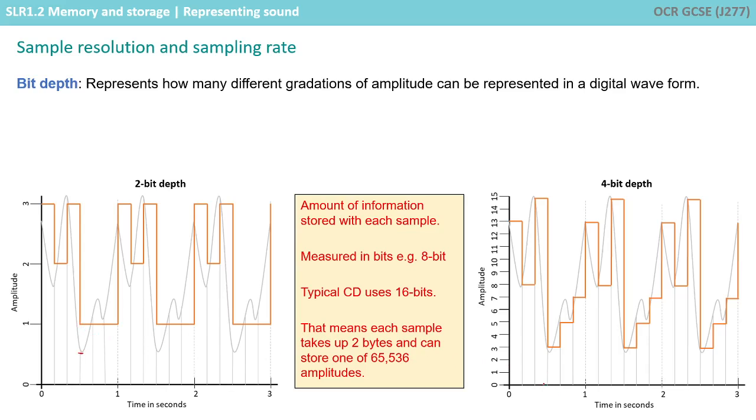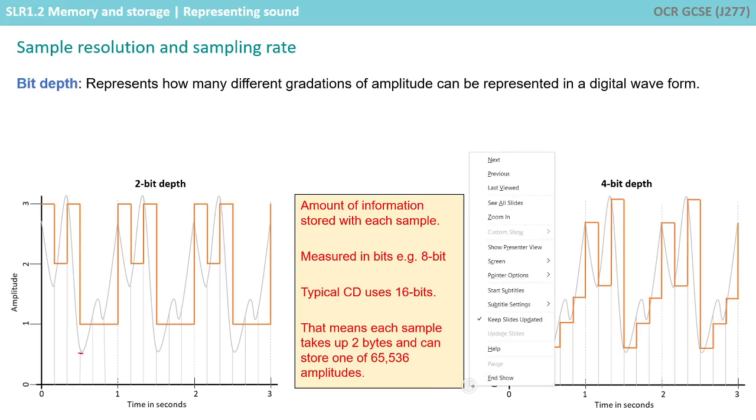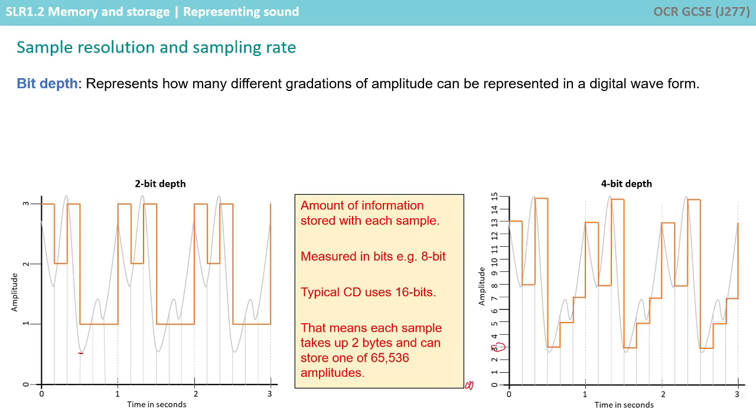On this one, it's actually measured as 3, which is a lot more accurate. Because this is a 4-bit depth, the binary numbers would be anything from 0000 all the way up to 1111. Since 1111 is 15 in binary, altogether there are 16 different points, 0 up to 15.